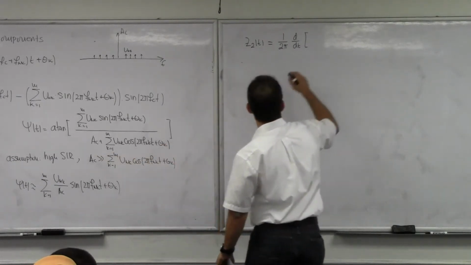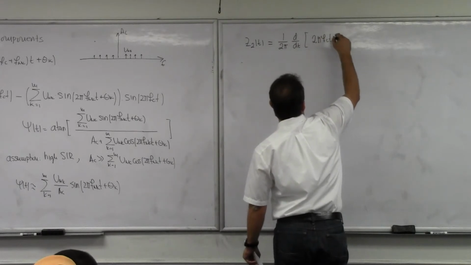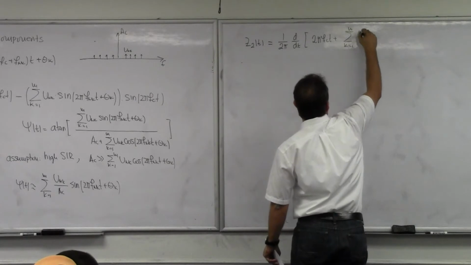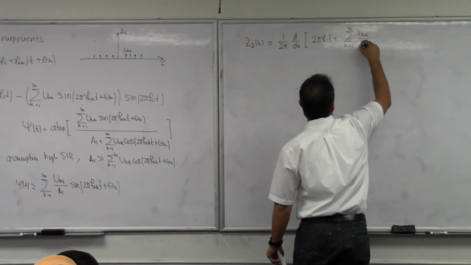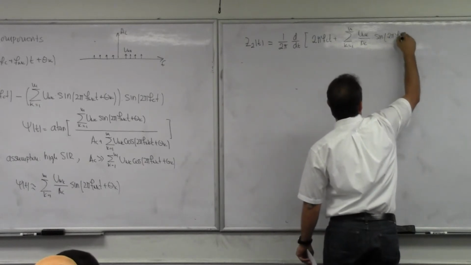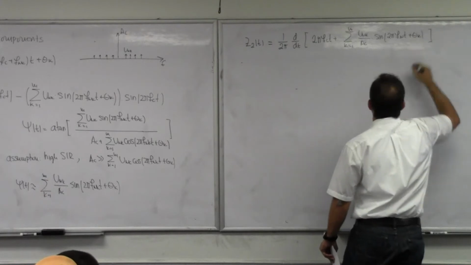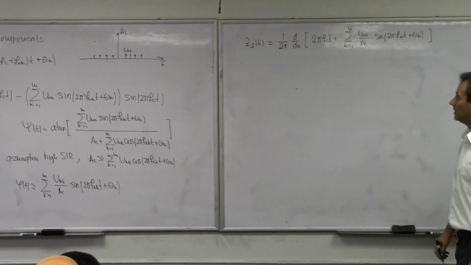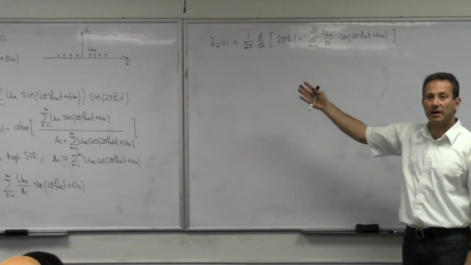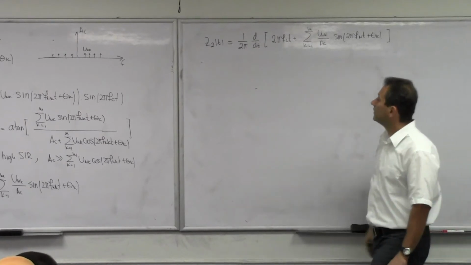But the argument in z1 of t is 2 pi fct plus sum when k goes from 1 through n A_nk over A_c times sine of 2 pi f_nk t plus theta k. That's what z2 of t is going to be. It's going to be instantaneous frequency. Instantaneous frequency is 1 over 2 pi derivative of instantaneous phase. And this is instantaneous phase.